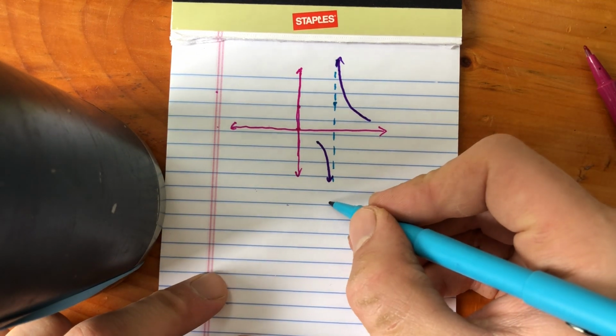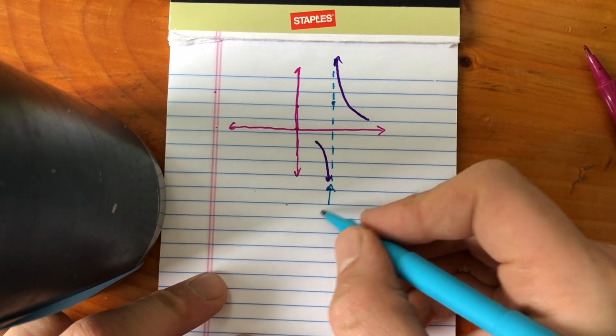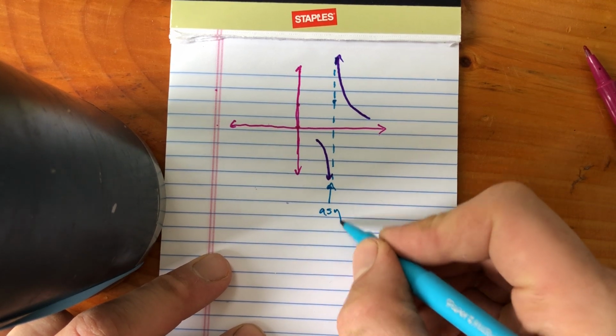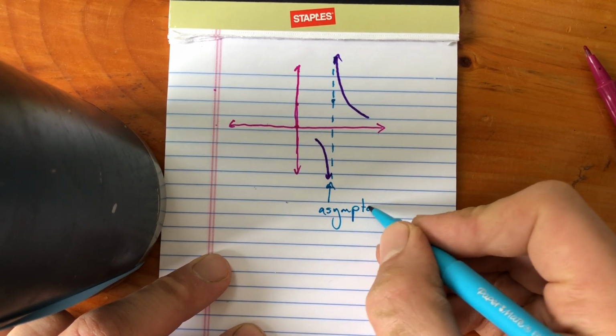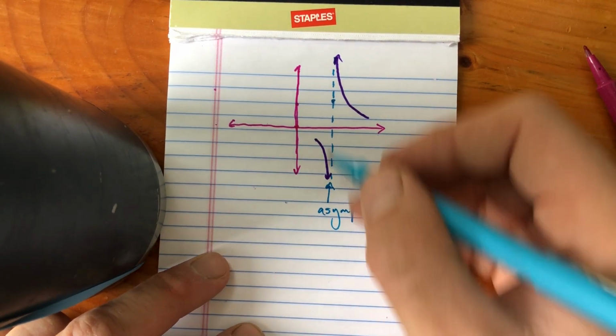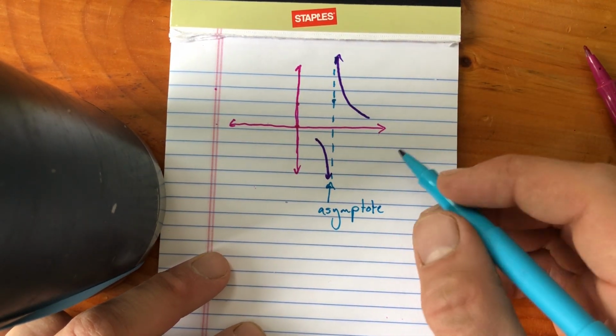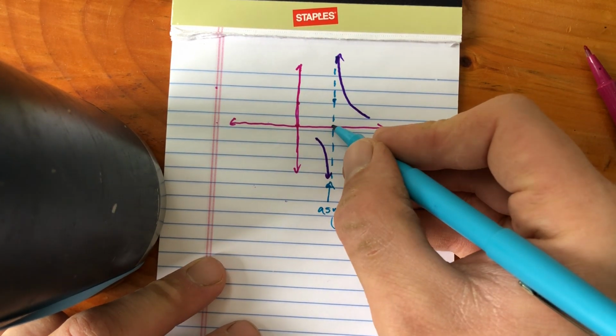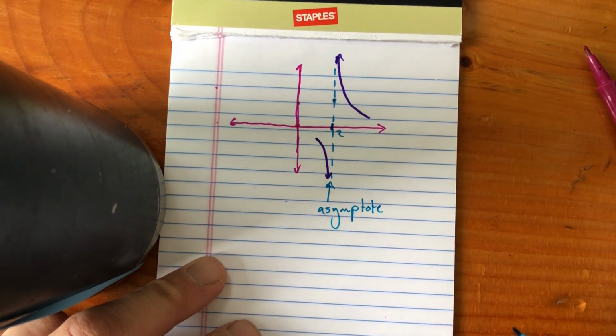So this would occur when you have something like dividing by zero occurring. So let's say that this asymptote here exists at the value of 2.